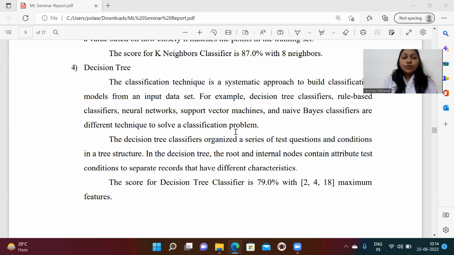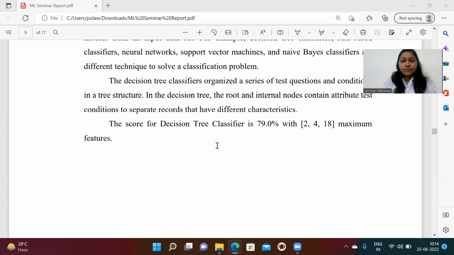Decision tree, naive Bayes, support vector machine, and neural network are different techniques to solve the classification problem. This algorithm works by dividing the dataset into a tree-like structure based on some rules and conditions and predicts the output. The score of decision tree is 79% with maximum features.